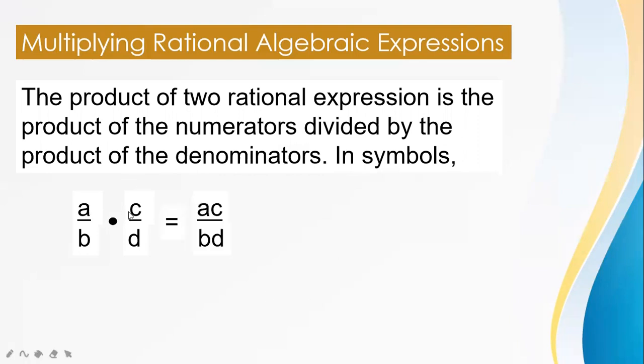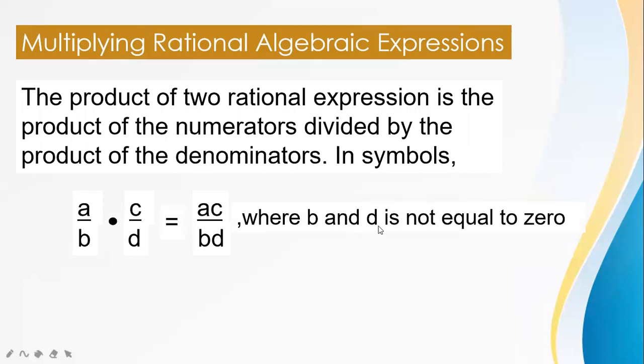Then multiply numerator to numerator, we have AC, then BD, denominator to denominator, where B and D are not equal to 0. So again, in a rational algebraic expression, the denominator is a polynomial and is not equal to 0.